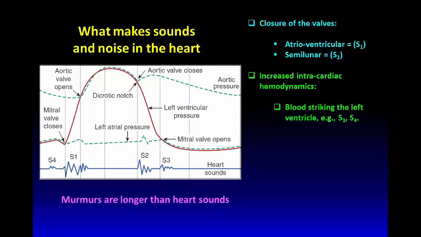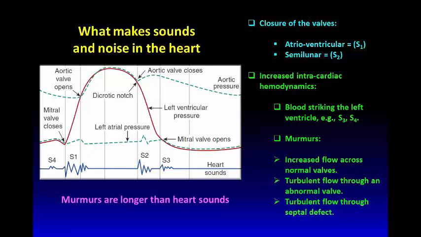When there is increased intracardiac hemodynamics, we might also hear S3 and S4 with the stethoscope, and they can also be detected with phonocardiography. So they can be heard in normal subjects. When there is increased intracardiac hemodynamics, this might result in abnormal heart sounds.